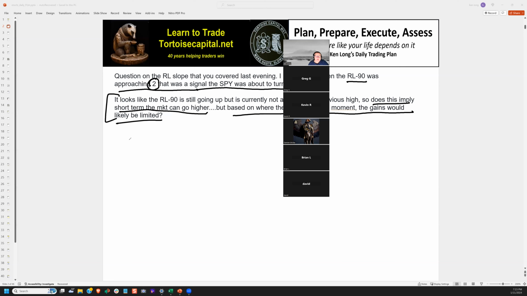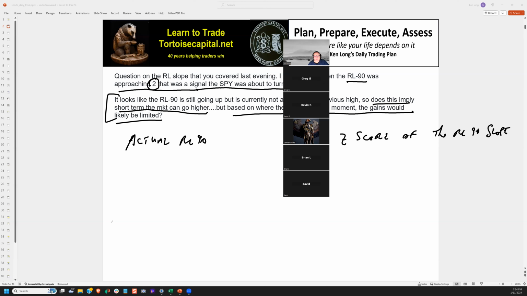So there's two elements to this question. The first one is the actual RL90, and then there's the z-score of the RL90 slope. The RL90 is part of our four-part regression line structure, right?